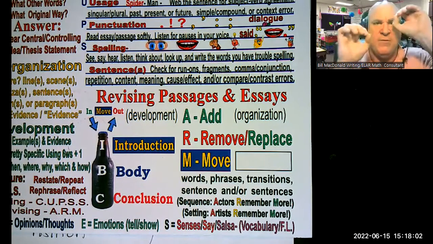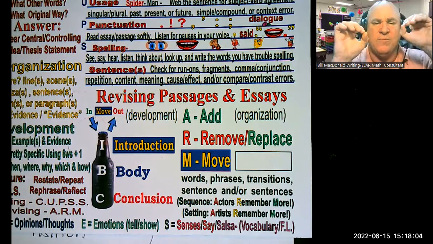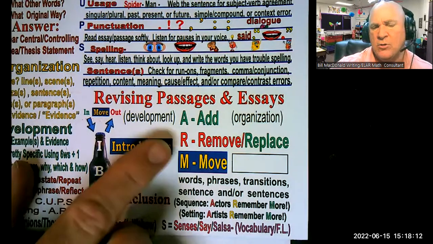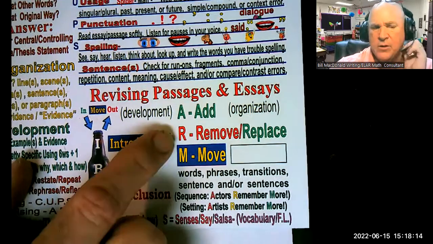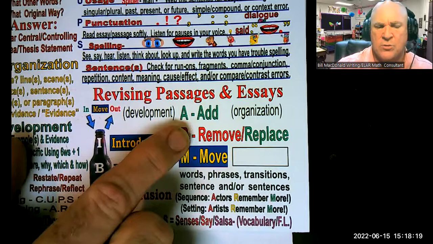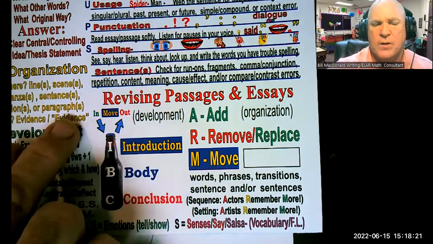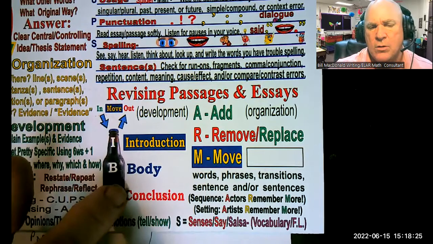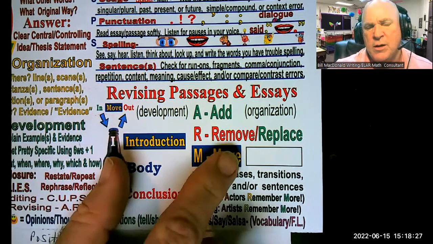So revision means that you're going to fix the content by using your arm, by adding the color green, something that goes in to the introduction, the body, or the conclusion of a passage, by removing red and replacing green.